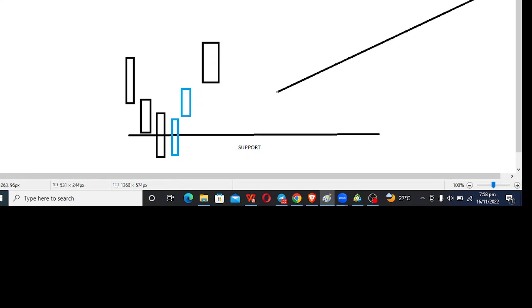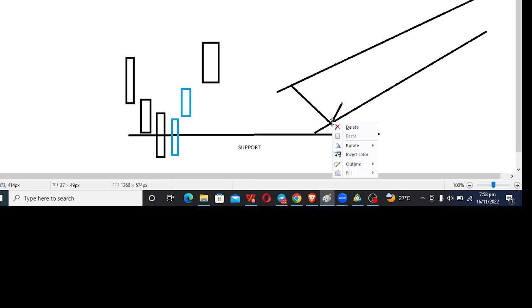So let's use this as our trend lines. And then the market moves like this, moves like that.